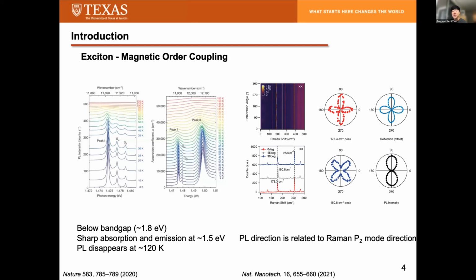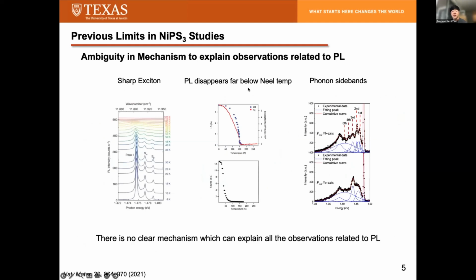However, there are some limits in the previous studies. First of all, if you want to use this photoluminescence, the photo emission, for spintronic devices, you need to understand this PL very well. Some scientists suggested that this PL comes from quantum entanglement, but with their theory and observation, it's hard to explain all of the observations related to the PL.